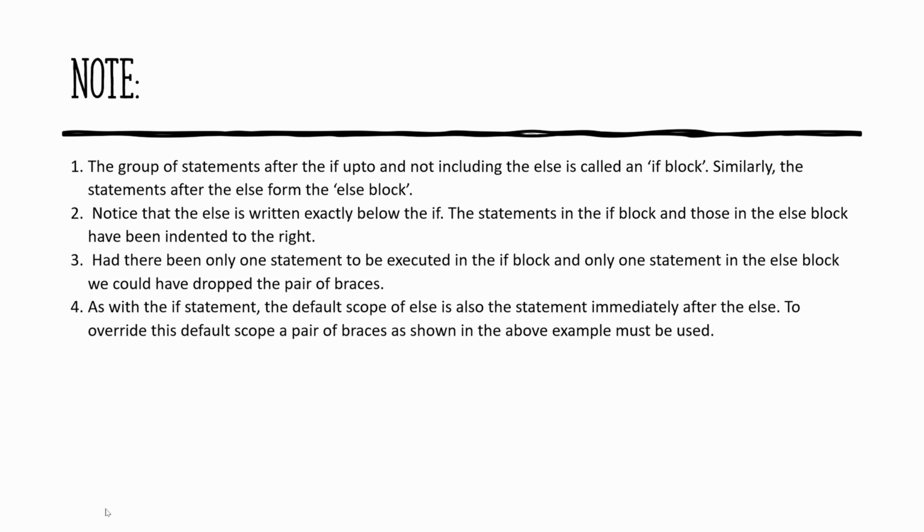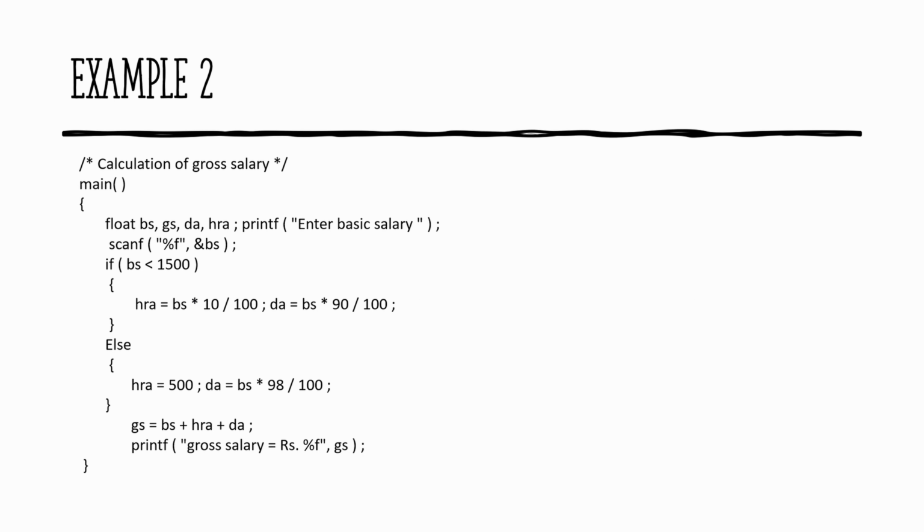Had there been only one statement to be executed in the if block and only one statement to be executed in the else block, you could have dropped the pair of braces. So basically, here we use two statements, statement one and statement two. Had there been only one statement, for example if we have to execute only HRA and there is no DA, then we need not use these braces.